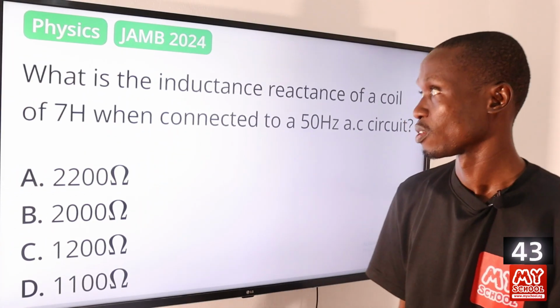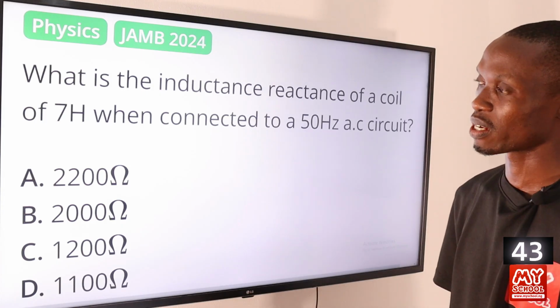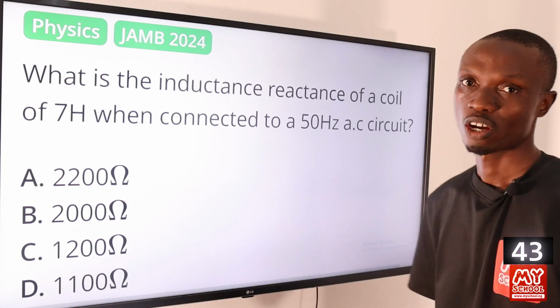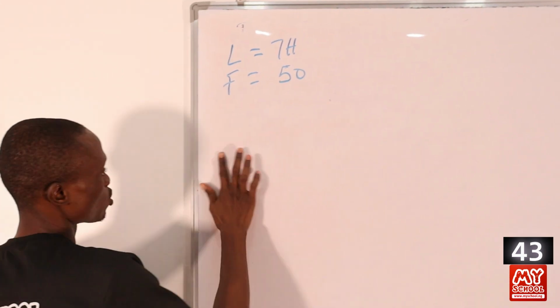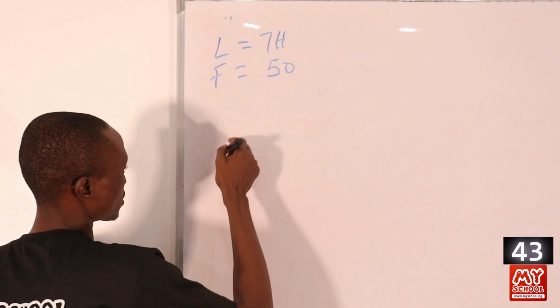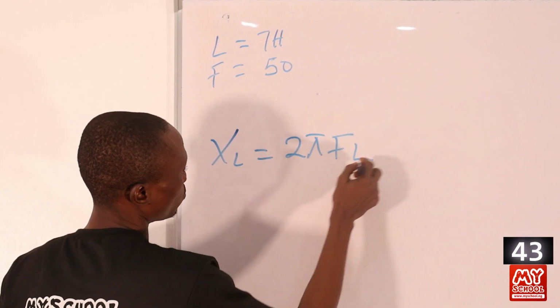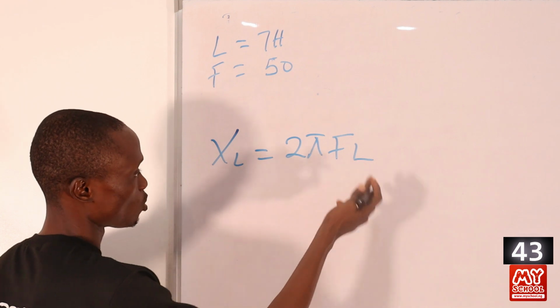Question 43. What is the inductive reactance of a coil of 7 Henry when connected to a 50 Hz AC circuit? Let's move over to the board to provide the answer. We usually calculate inductive reactance XL using the formula 2 pi FL, where F stands for frequency and L stands for inductance.